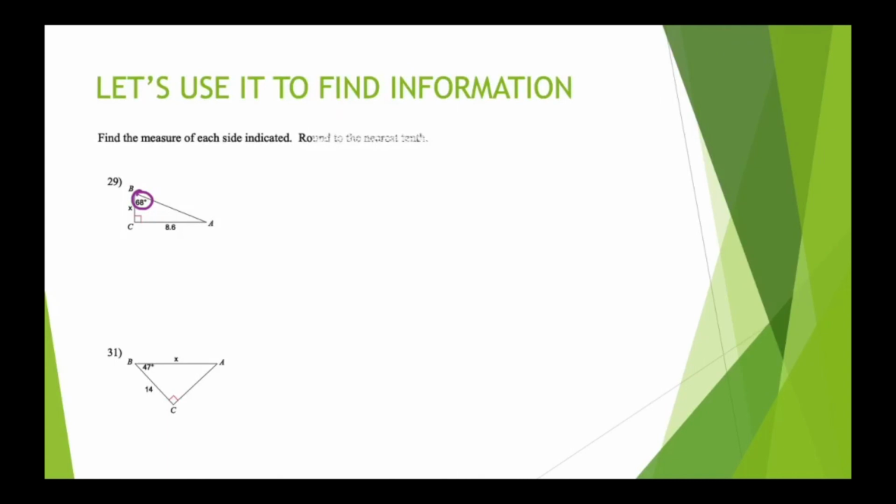The relationship with these two things that we know with this angle are, this is the opposite and this is the adjacent. So we need to look at our SOHCAHTOA.